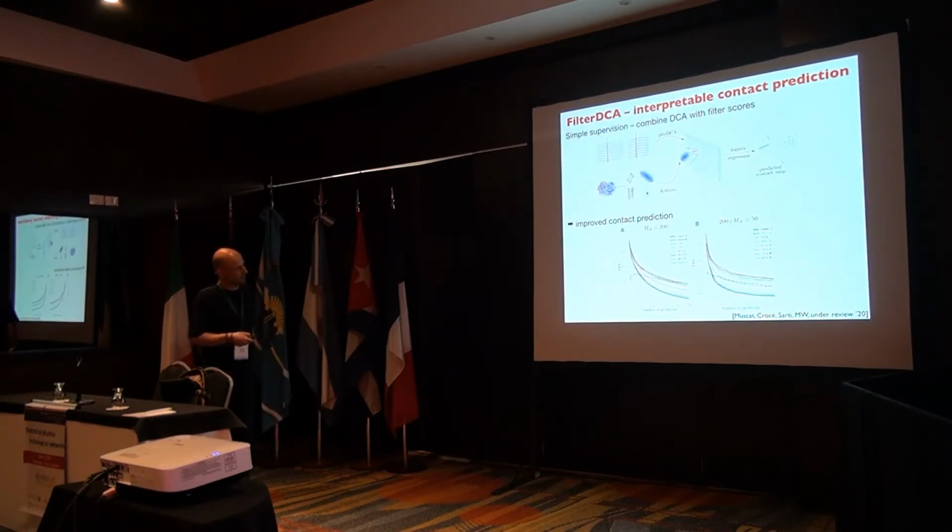You can get an improved contact prediction. The resolution of the picture obviously was fantastic for this to be projected here, but the black line here is just the PLM DCA for big alignments and intermediate alignments. And if you use bigger and bigger filters, you can get better and better in the prediction.